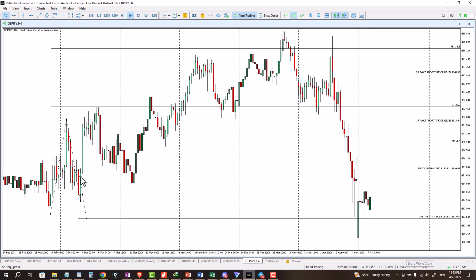And if for whatever reason after we entered a trade here, price was to come all the way down here to break below this level, then that's no longer an uptrend, because the market structure of an uptrending market is the formation of higher highs and higher lows. So if price was to come all the way down here, this is no longer a higher low. It's actually a lower low. So that's why this stop loss being placed here makes sense for the conservative trader.